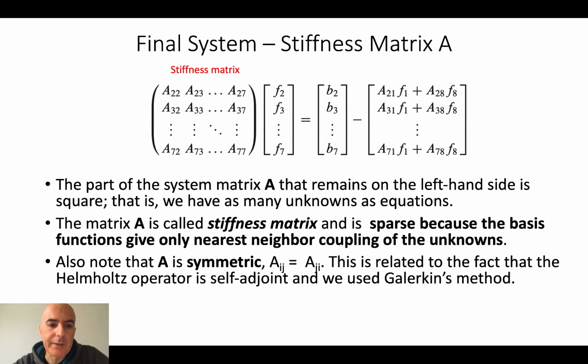Note also that A is symmetric, so this term is equal to this one, and this one to this one. So Aij is equal to Aji. This is related to the fact that the Helmholtz operator, as we saw in the finite difference module, is a self-adjoint operator. And also we use the Galerkin method, so our test functions are equal to the basis functions.